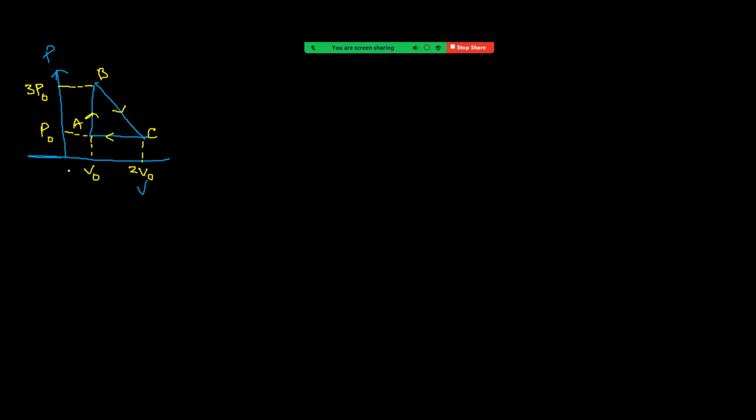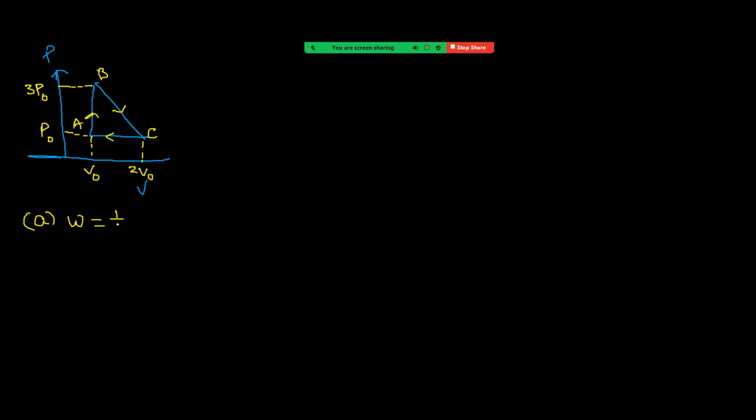Now, the first question, work done by the gas. Since it is a cyclic process, simply focus on the area under the graph. That means the area of the triangle.